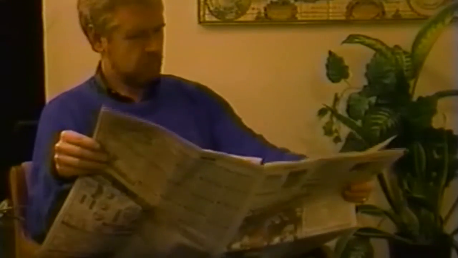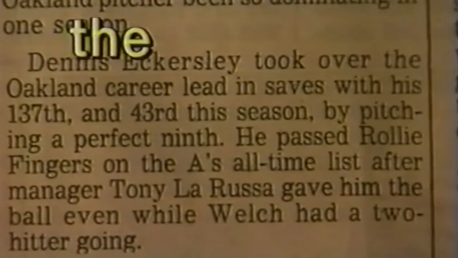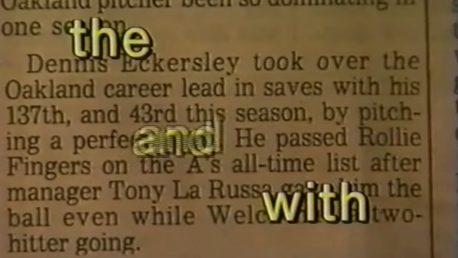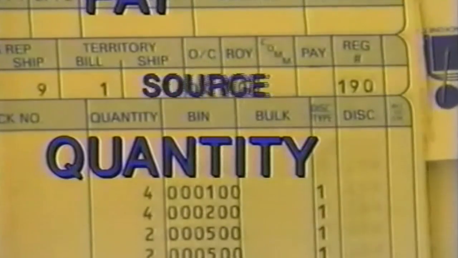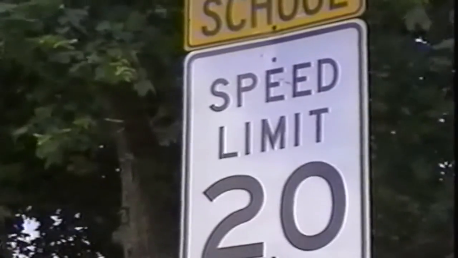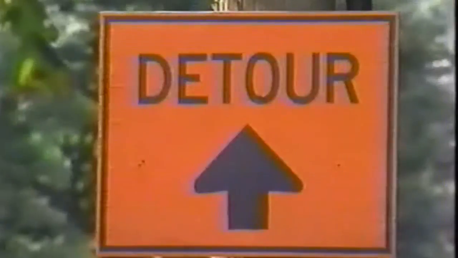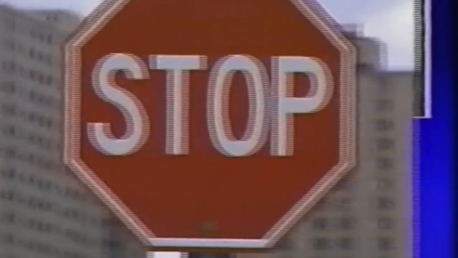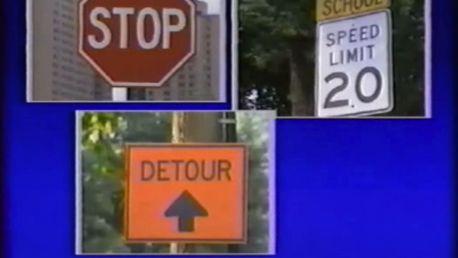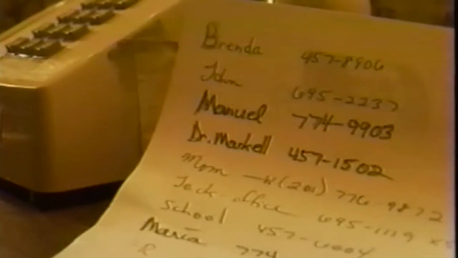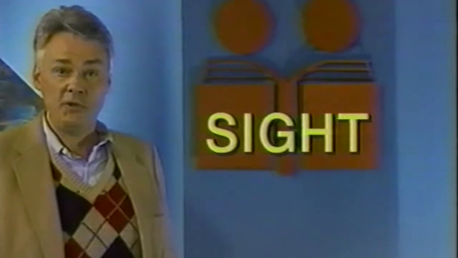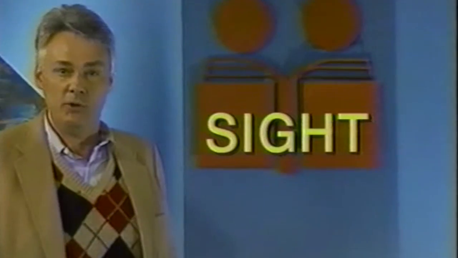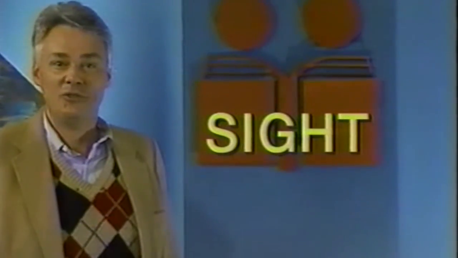This strategy is useful for words that appear frequently in reading and writing, for important job-related words, for words that appear on common signs, or even names of family and friends. As a person becomes a more skilled reader, most of the words he encounters will increasingly be sight words he has already seen and knows.